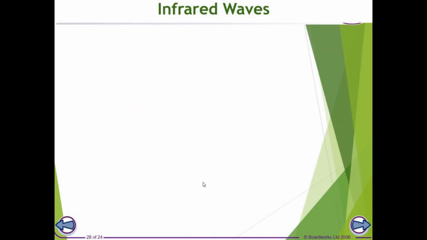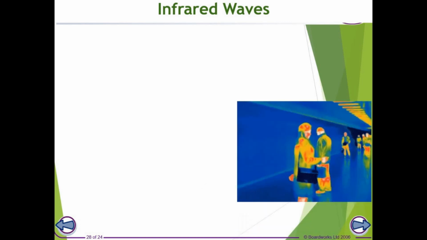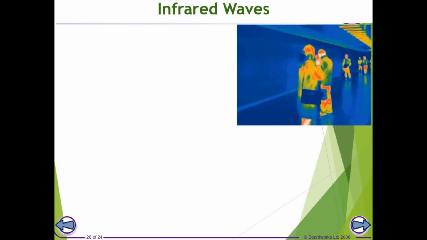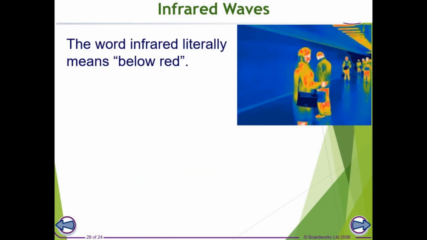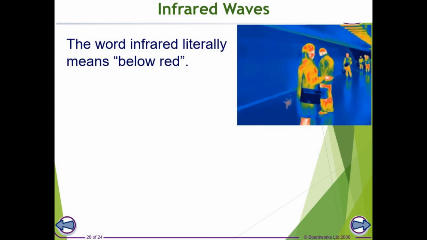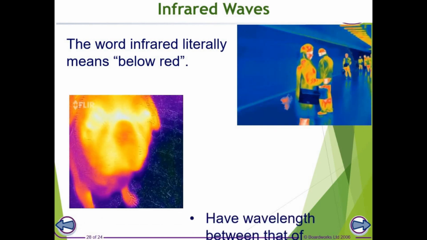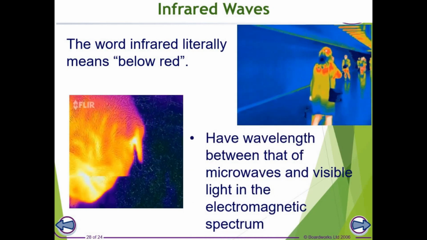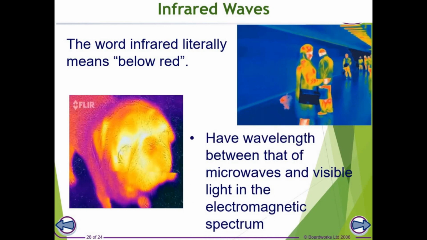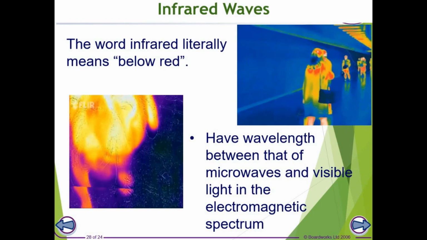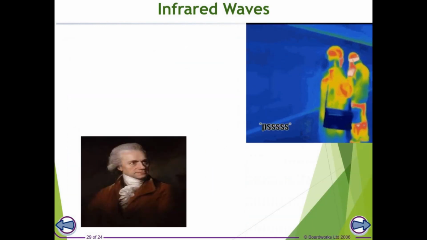Now, let's move on to the next type of electromagnetic waves, that is, the infrared waves. The word infrared literally means below red. Infrared radiations have lower frequencies than the red part of the visible light. Infrared waves have wavelengths between that of microwaves and visible light in the electromagnetic spectrum.